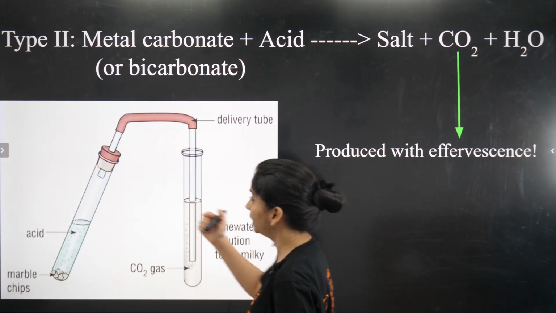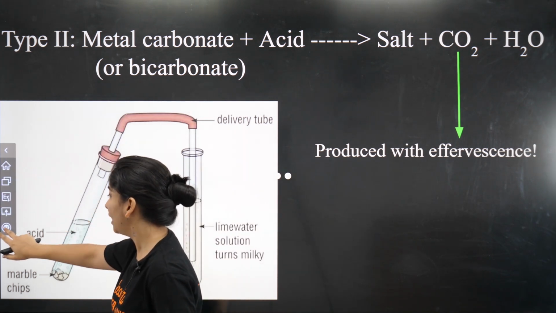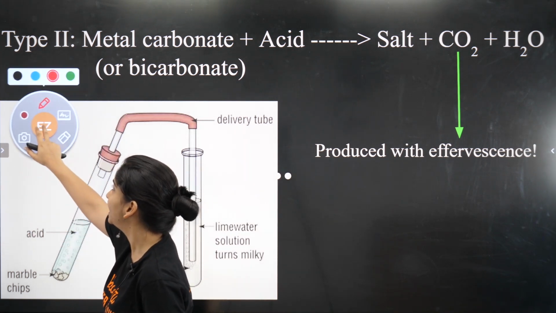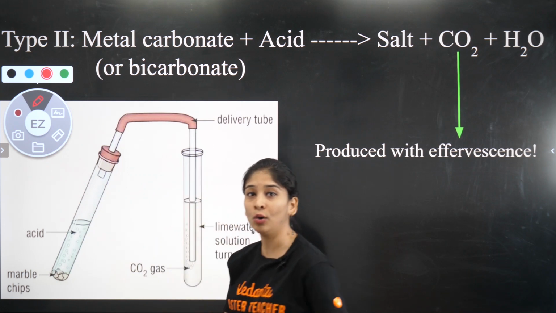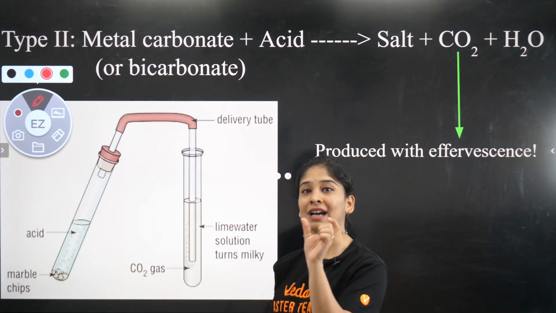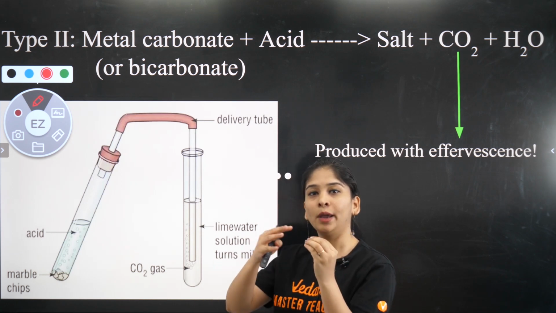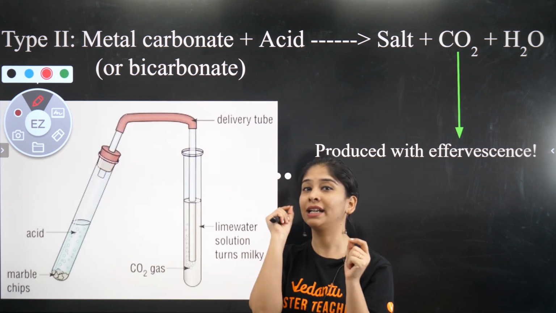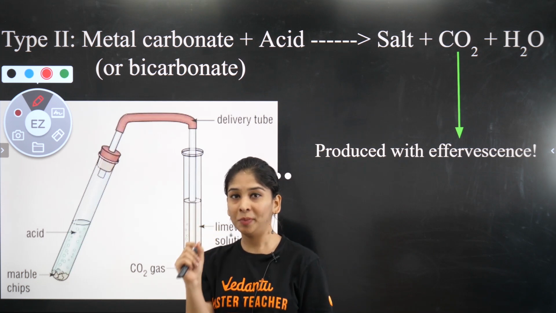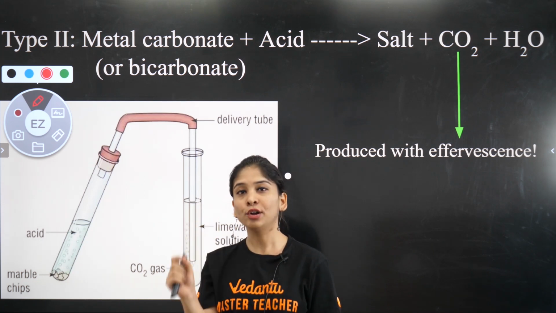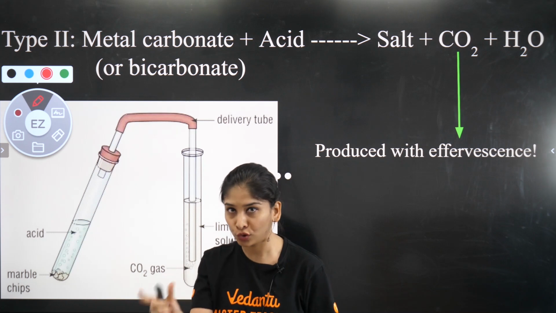How? Let's see. I really want to give you just a small tip right now: whenever you have a carbonate compound, a metal carbonate, and it reacts with something, definitely one of the products would be CO2. One of the products would be CO2 for sure.